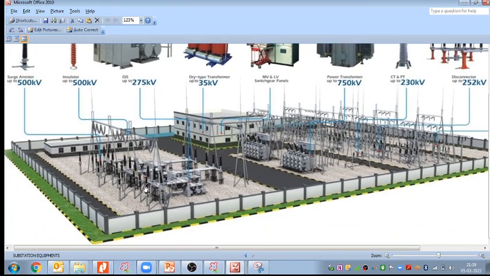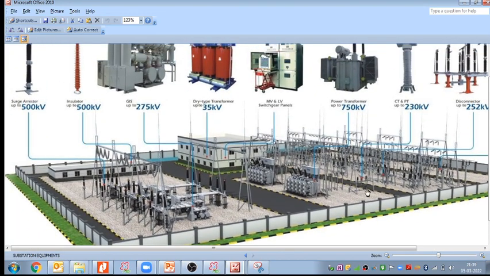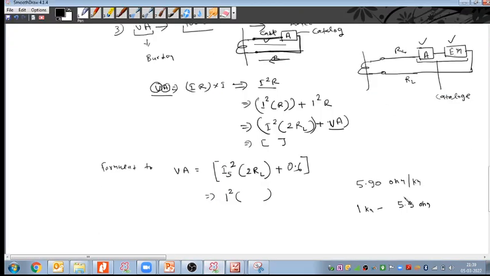But the CT and PT, all the equipment is placed outdoor. Suppose CT we are putting here. So from this we have to find what route is available and how much length of cable is coming from CT till this panel. That length we have to measure and take here for the calculations.